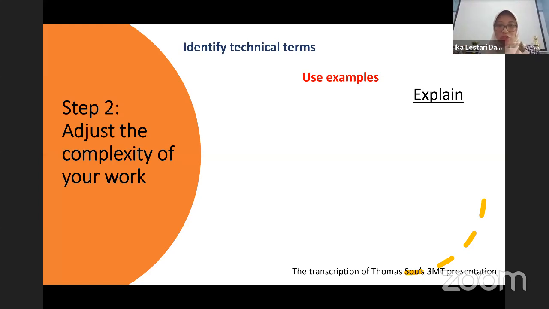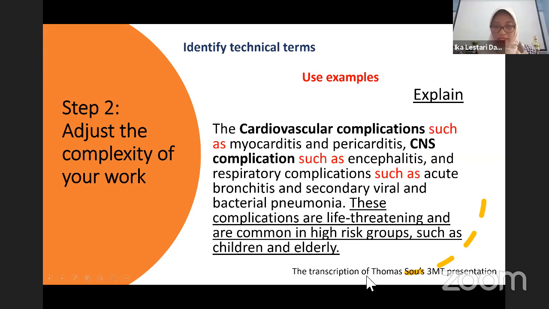Now I'm going to show you some snapshots from the transcription of Thomas Sow's 3-minute thesis presentation in Monash University. His work is related to health. Here, the ones in bold. So those are the technical terms: cardiovascular, myocarditis, pericarditis, and then it's even hard to pronounce: encephalitis, pneumonia.